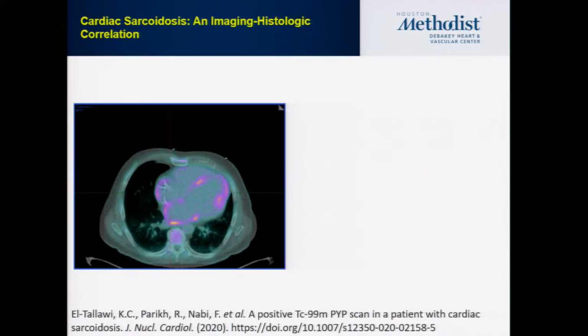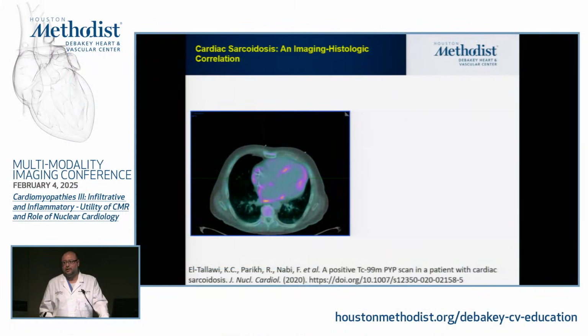In terms of diagnosis by histology, it's sometimes challenging, and this is one of the cases that I showed you earlier. This patient had multiple biopsies, including LV guided biopsy, and all of them turned out to be non-specific fibrotic changes.